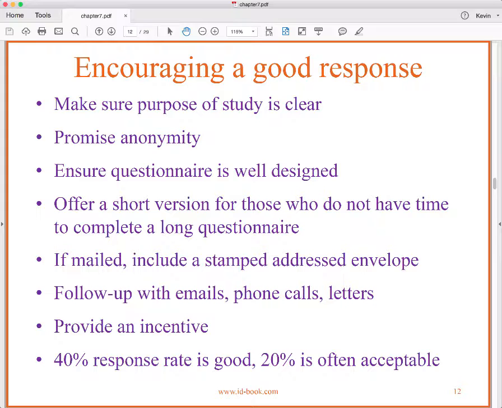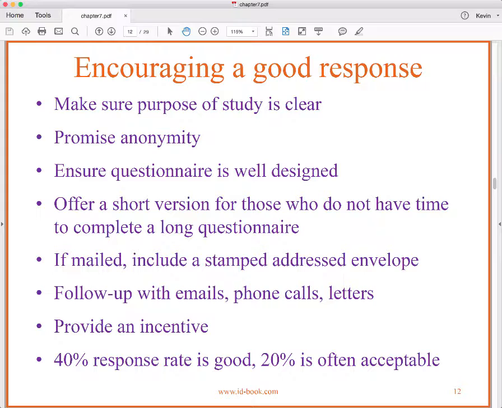On the other hand, if you take the money, you feel some kind of obligation. But the other kind of incentives that are good are the promise to share the results with the participants. And to the extent that people have already identified with the purpose of the study, they might very well be likely to want to know what your findings are.